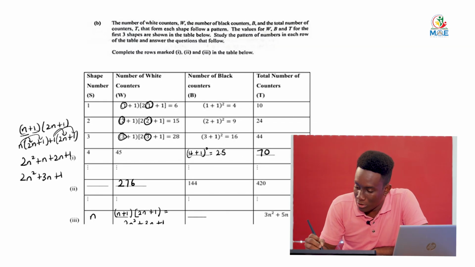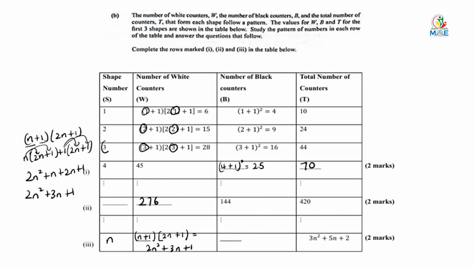And then to get the number of black counters, we know it's whatever number is here plus 1, squared. So this will be n plus 1 squared. Hence this will give me n plus 1 multiplied by n plus 1. We take the first term, which is n, and multiply by everything here, so n plus 1, and then we take the plus 1 and multiply by everything here again, so n plus 1.